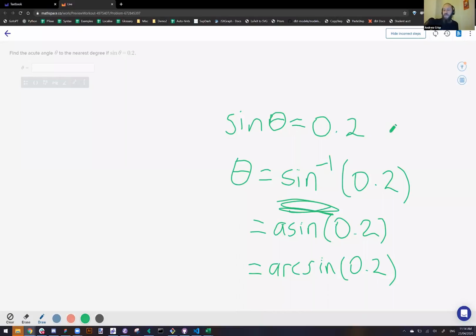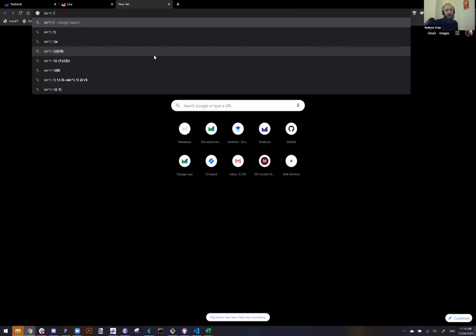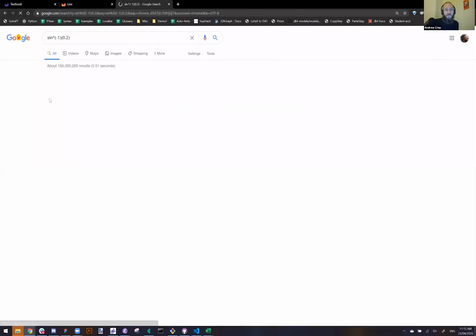So how do I find sine to the -1 of 0.2? The answer is I am going to use a calculator. So I'm going to get out old mate Google, sine to the power -1 of 0.2, and we'll see what Google tells me.